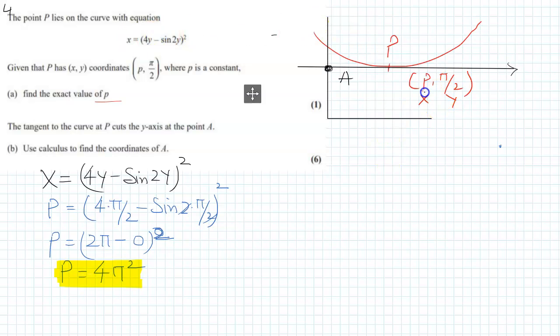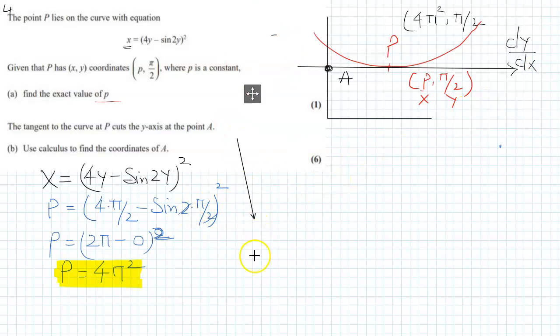So for that we have this point. The coordinates of point P are (4π², π/2). And we have to find dy/dx.